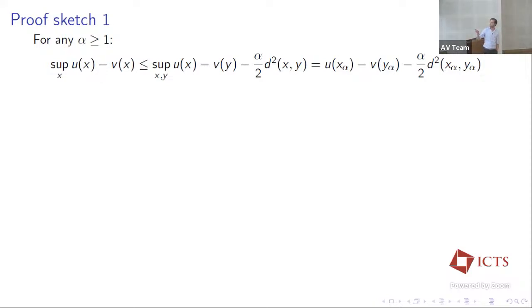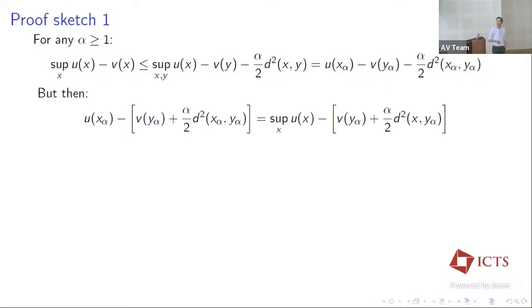So let's say that x alpha and y alpha are the optimizers. Now in R^d, I don't necessarily know that these things exist, but let's, for the sake of the argument, assume that they do. So if this is the optimizer, I can do the following thing. I can fix y alpha and still look at optimization over x.